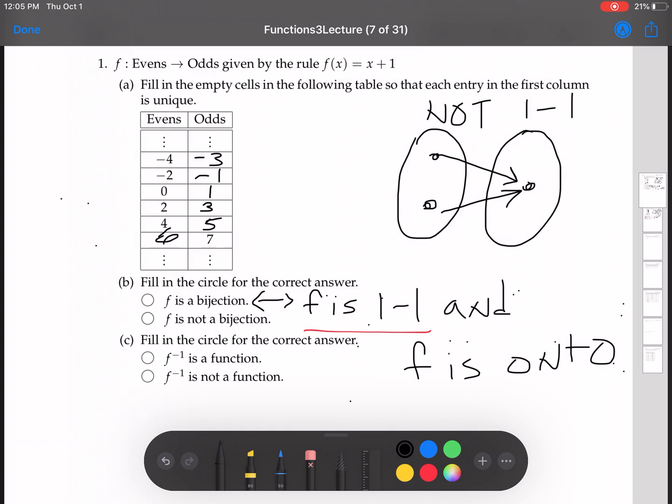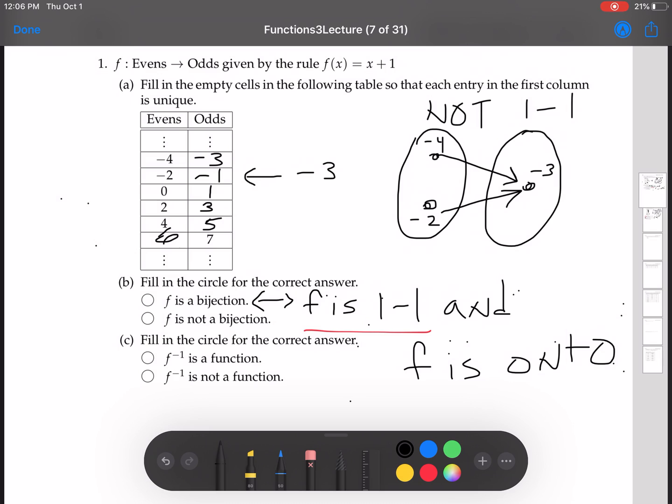Now let me show you what would happen to make it not 1 to 1. Let's say we replaced -1 with -3. This would still be a function, but it wouldn't be 1 to 1. So if we had that, then we'd have -4 here, -2 there, and -3 there.